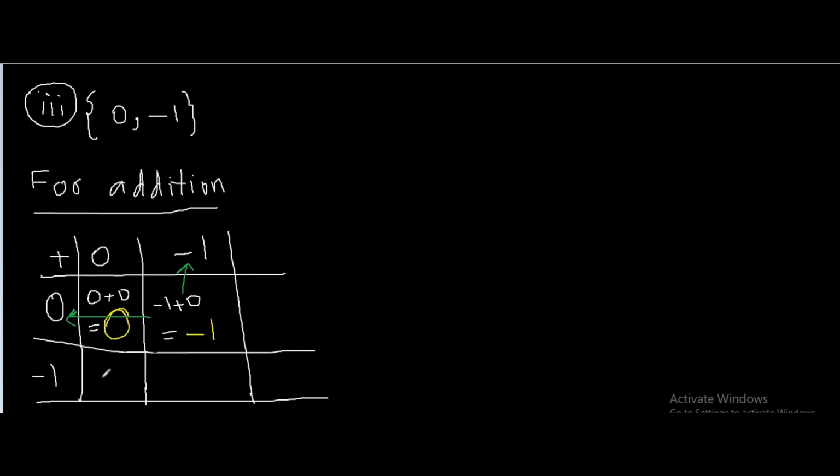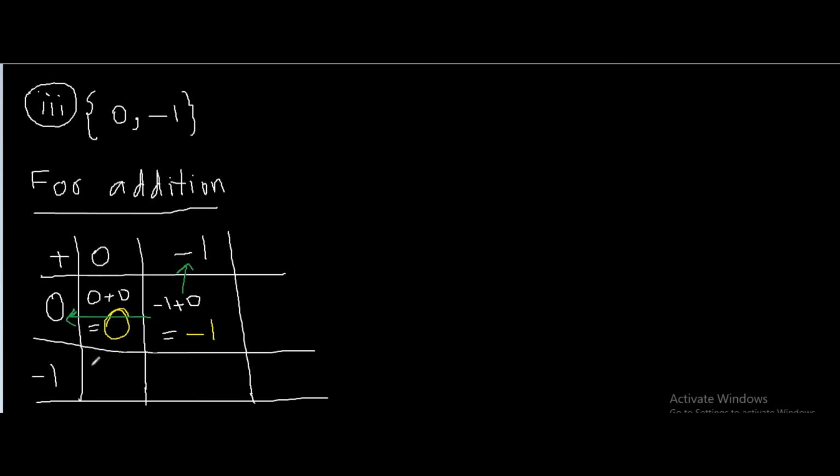Now for the third box, we have to see what the inputs are. For the third box, we have the input located in the upper direction, which is 0, the actual main input, while toward the left side it is -1. You have to add these two inputs, 0 and -1.